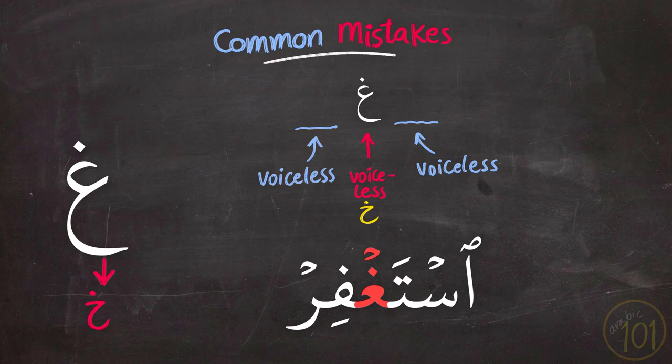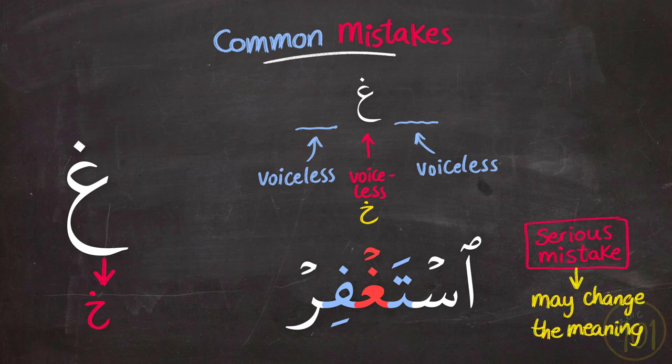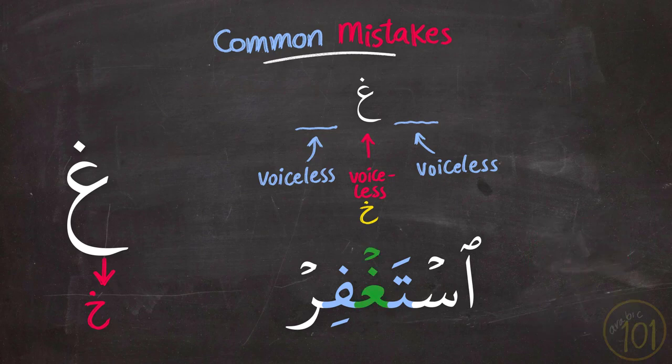Now the ta and the fa are both voiceless. So for some people it might be difficult to switch from voiceless, voiced, and then voiceless again. But this is of course a serious mistake that should not be made when reciting the Quran, because it can potentially change the meaning of the word. So we should say, Istaghfir.